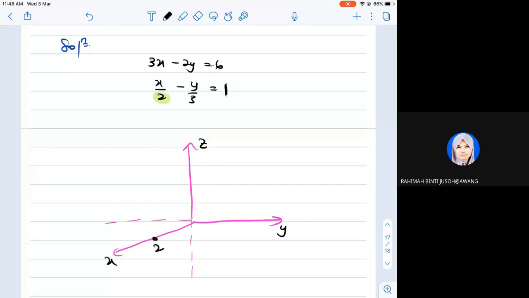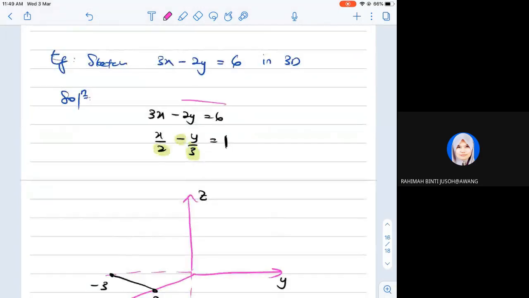And then Y equals to? Negative 3. Yes, good. Negative 3 dekat somewhere here. So first step adalah you kena sambungkan dua-dua titik ni. Okay, sambungkan dua titik tu. Okay, now what happened guys? In this equation, okay, dalam soalan asal dia ni, dia tak ada variable apa ni?